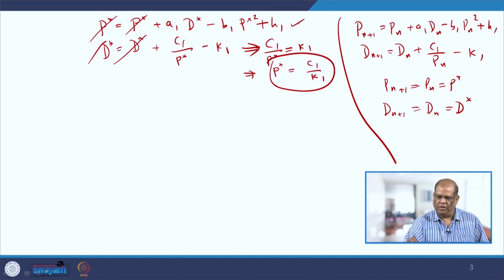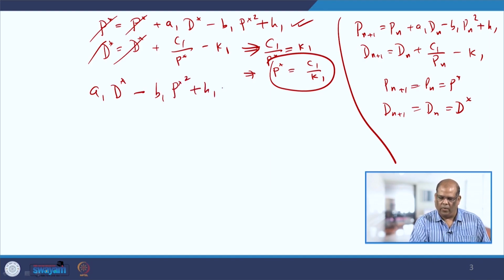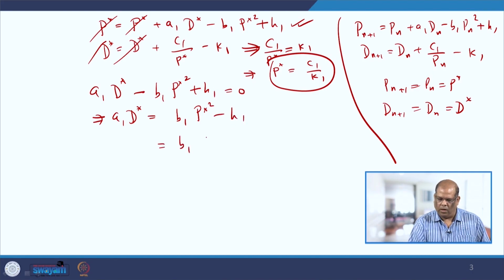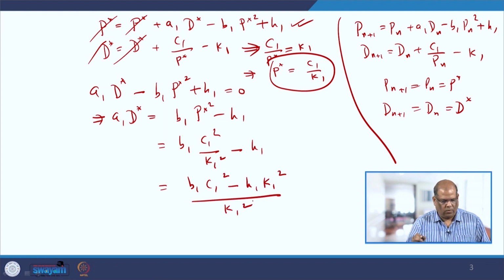I substitute this P star here, so I get A1 D star minus B1 P star square plus H1 equal to 0. This gives me A1 D star equal to B1 P star square minus H1, that is B1 C1 square by K1 square minus H1, which is B1 C1 square minus H1 K1 square divided by K1 square. So your D star will be this divided by A1.